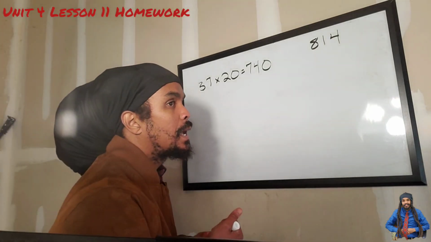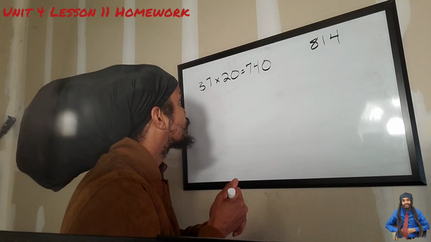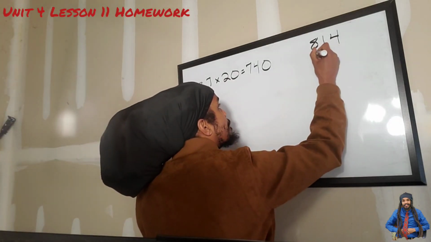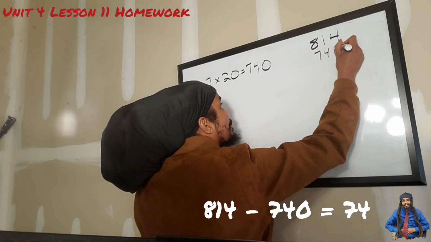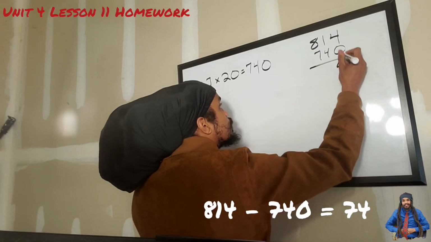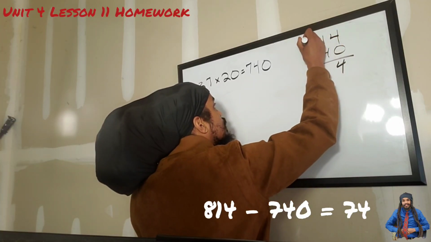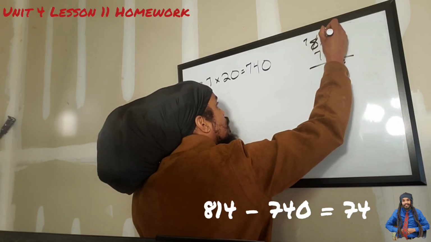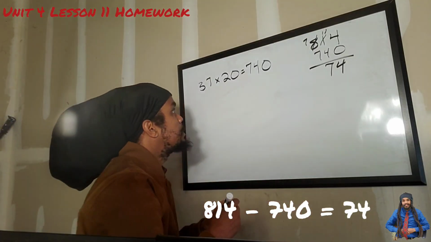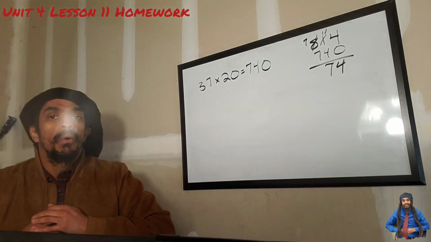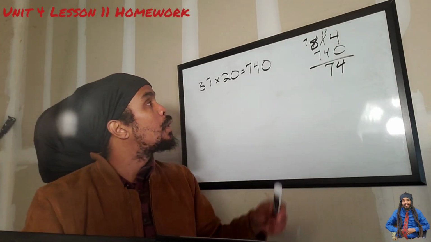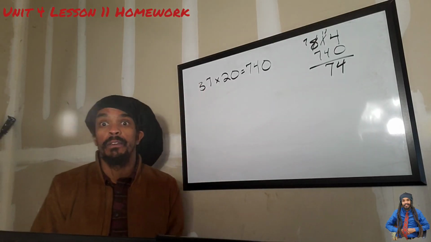Now we'll subtract that. It's going to be 74. So now what do we have left? We have 74, because we took out that big chunk at first.